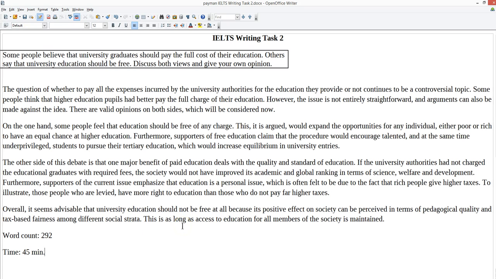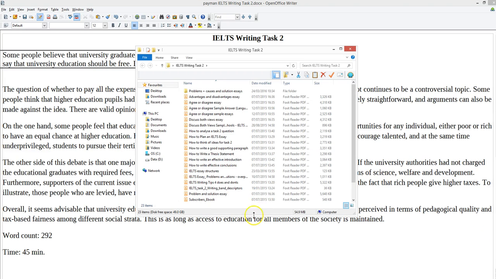So, this isn't bad, but to get a high score, we have to have a clearly stated opinion in the introduction. The criteria specifically says a clear position throughout the response. Let me show you. I've mentioned this in most of my videos.